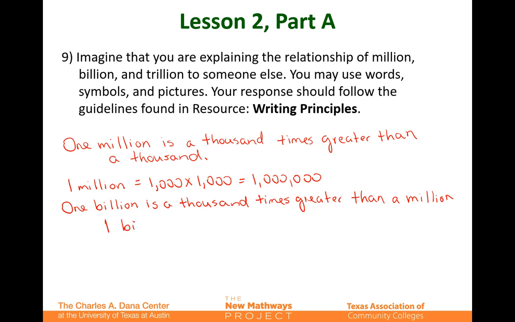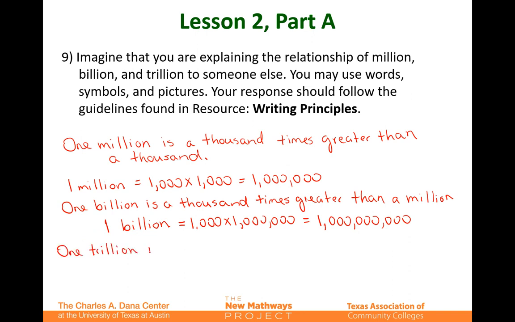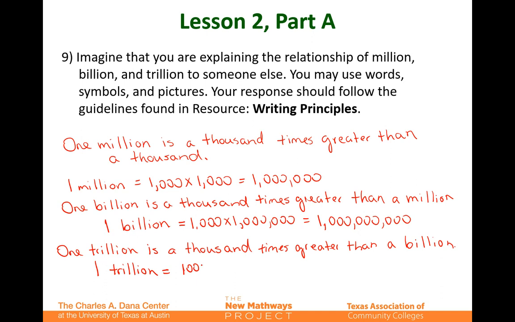So 1 billion is 1,000 times 1 million, and finally 1 trillion is 1,000 times greater than 1 billion. So we have 1,000 times 1 billion.